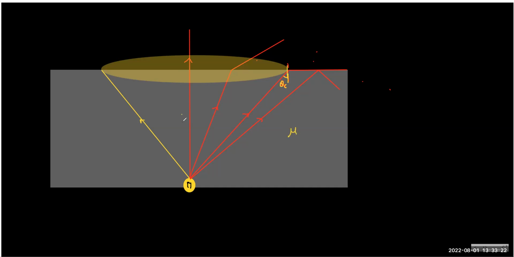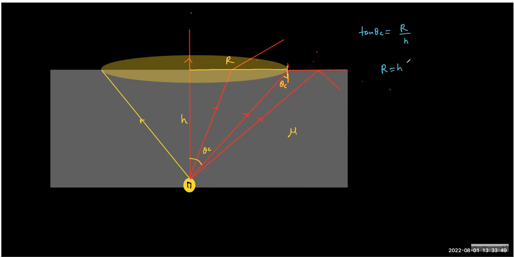So given the depth of the pond, let's say h, and knowing theta c, you can find the radius of this disk, correct? So now you can find that tan theta c is R by h.